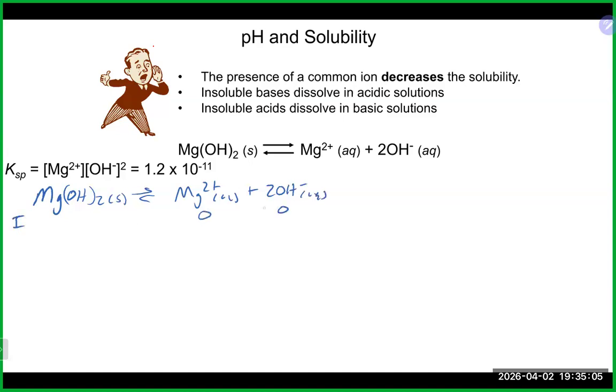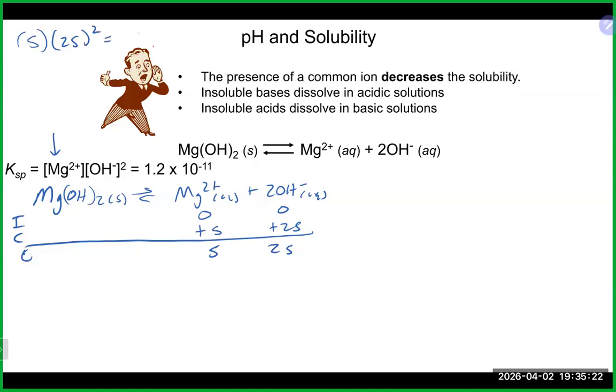Initially 0 and 0, change plus s and plus 2s. That means at equilibrium, s and 2s. This goes into our expression right there, which gives us s times 2s squared is equal to 1.2 times 10 to the minus 11. Once again, cleaning up this side, 4s cubed equals 1.2 times 10 to the minus 11.